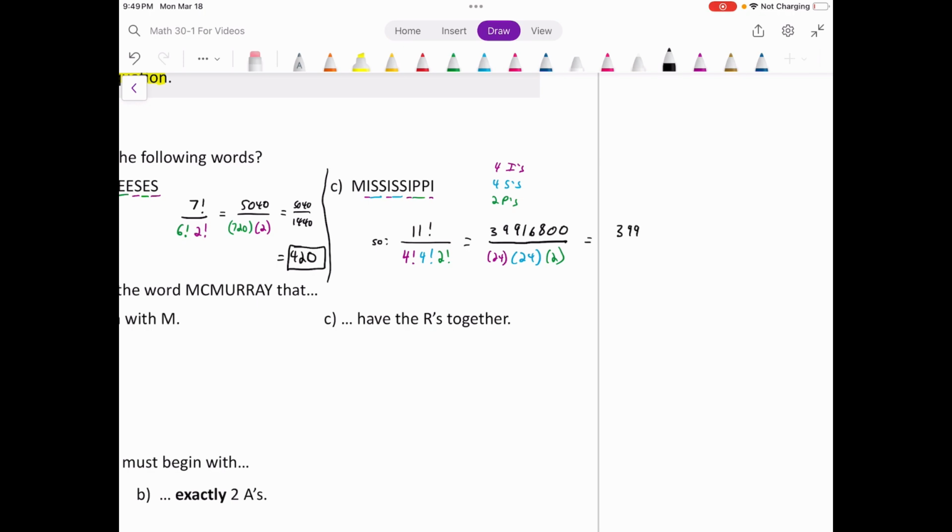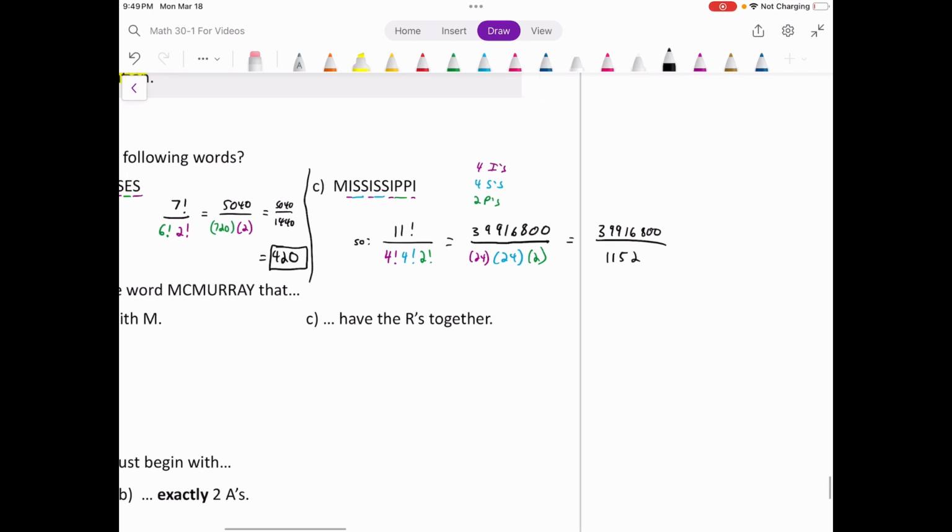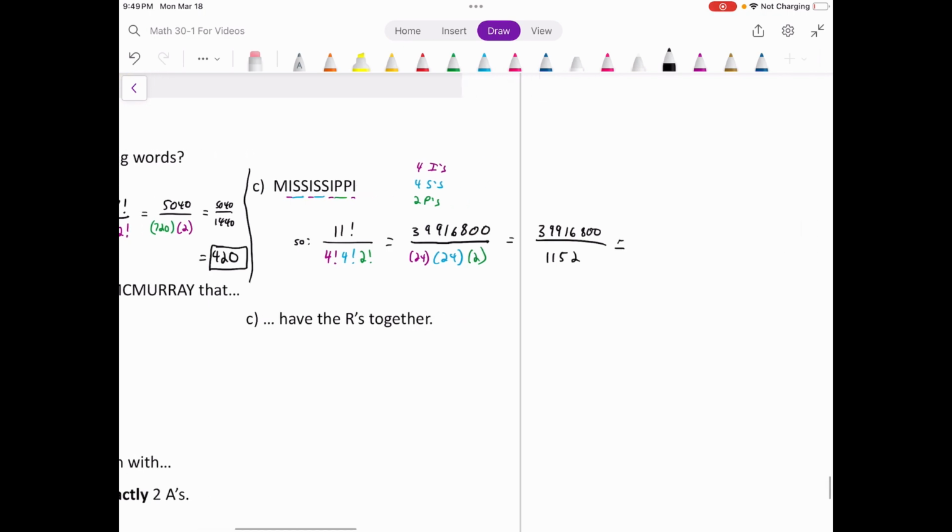So we've got 39,916,800 over, this comes out to 1,152. Dividing those, I got 34,650 unique distinguishable arrangements of the letters in the word Mississippi, where you could actually tell the arrangements apart.